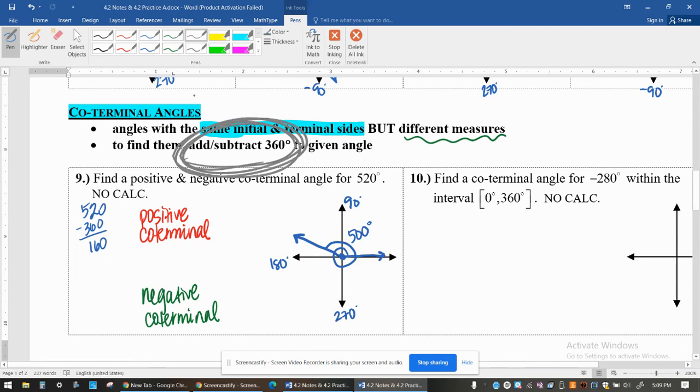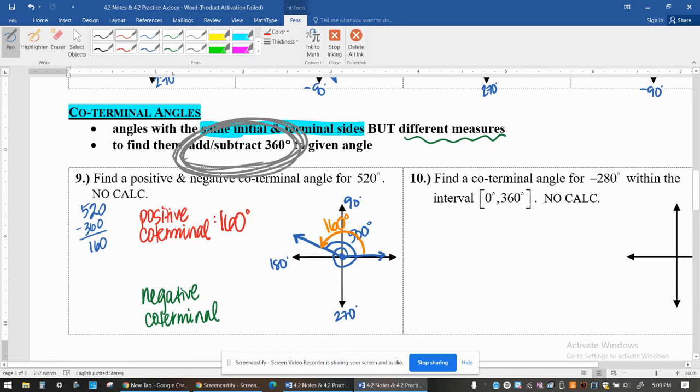Remember, you can add or subtract 360 to the given angle to find this. So 520 minus 360 is 160. And if you notice, if I were to graph the angle 160, that would end up in the same spot. So my positive coterminal angle is 160 degrees. Is that the only one?